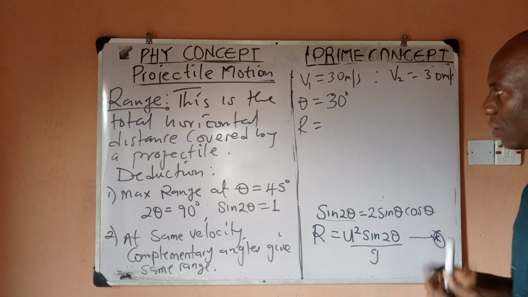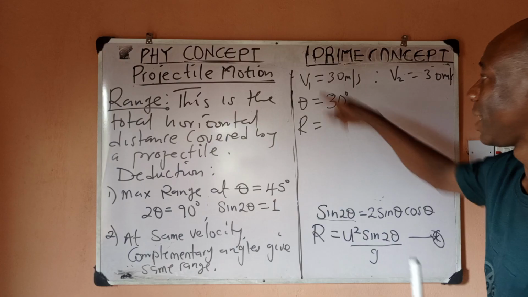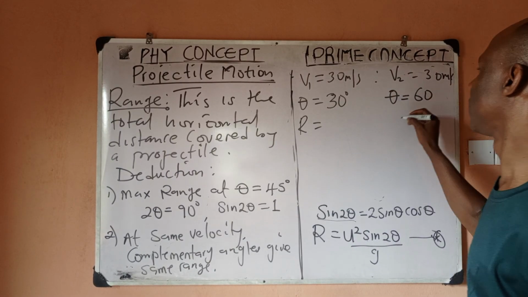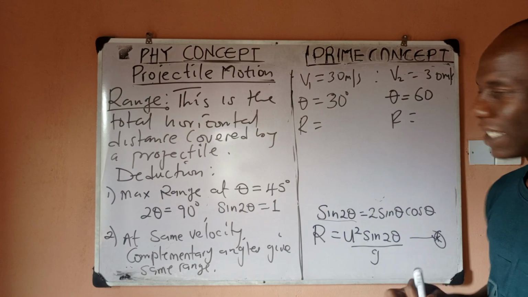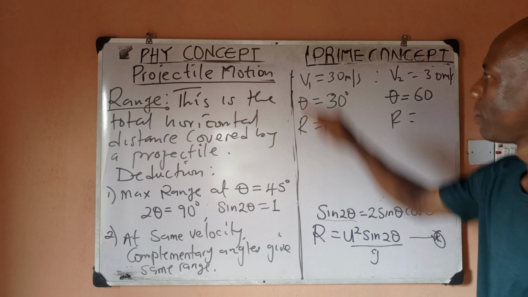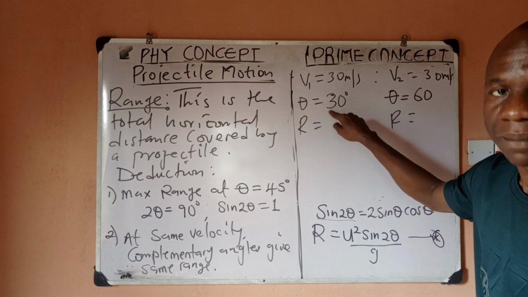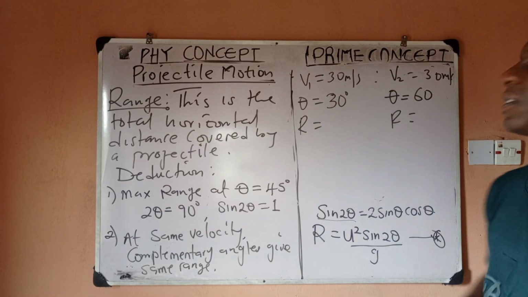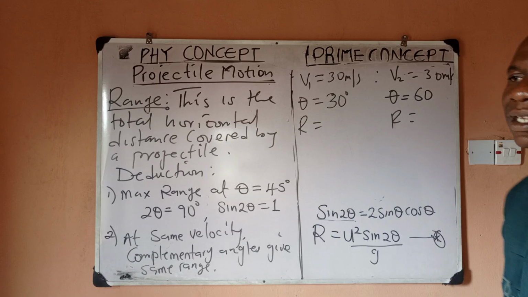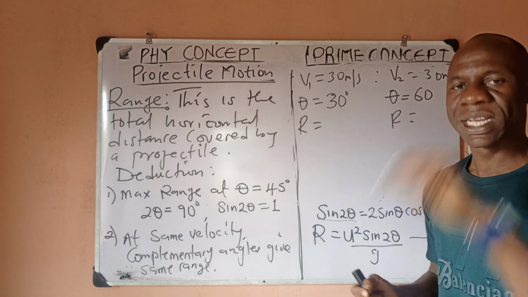Since our velocity is the same, they come here and give you another angle, say 60 degrees. What will the range be? We are saying that their range would be the same. Why would their range be the same? As long as their velocities are the same and the angles are complementary, the range must be the same. When you say complementary, 30 plus 60 adds up to 90. So for the same velocity, complementary angles always give the same range. Take note of that.